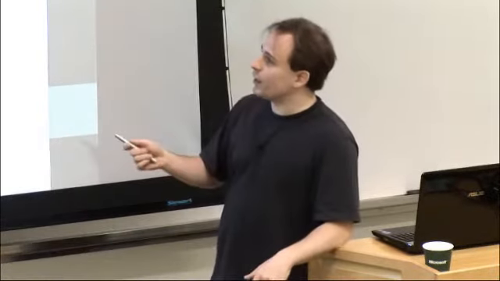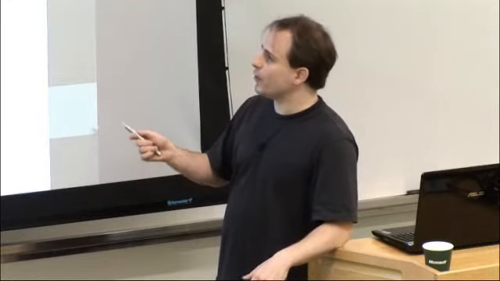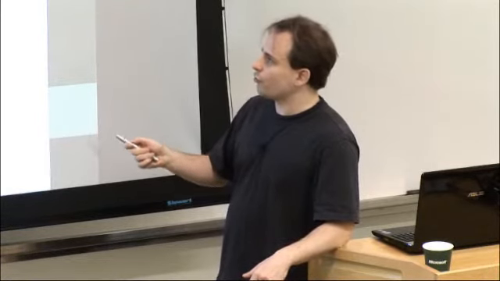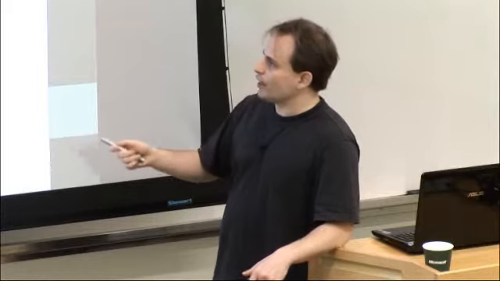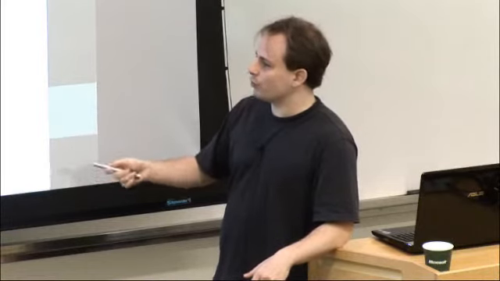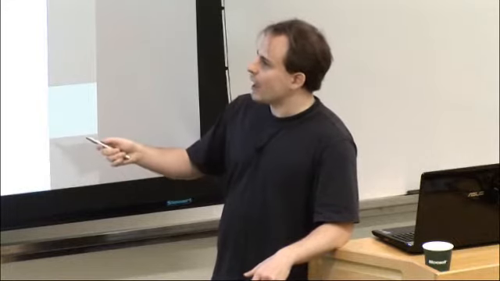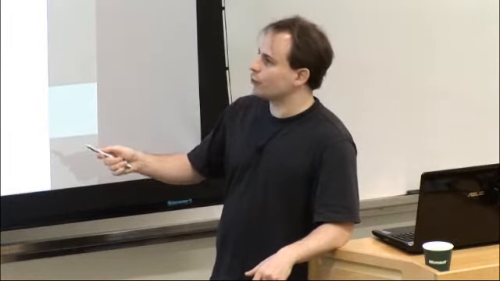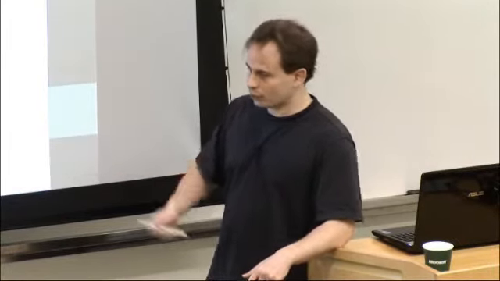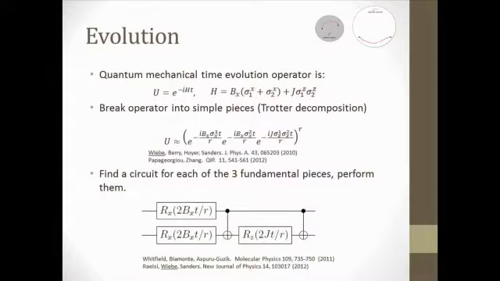The basic matrix is a 4x4 matrix that has an interaction between the Z components of these two quantum spins, and also an interaction with an external magnetic field that's pointing in the x direction.